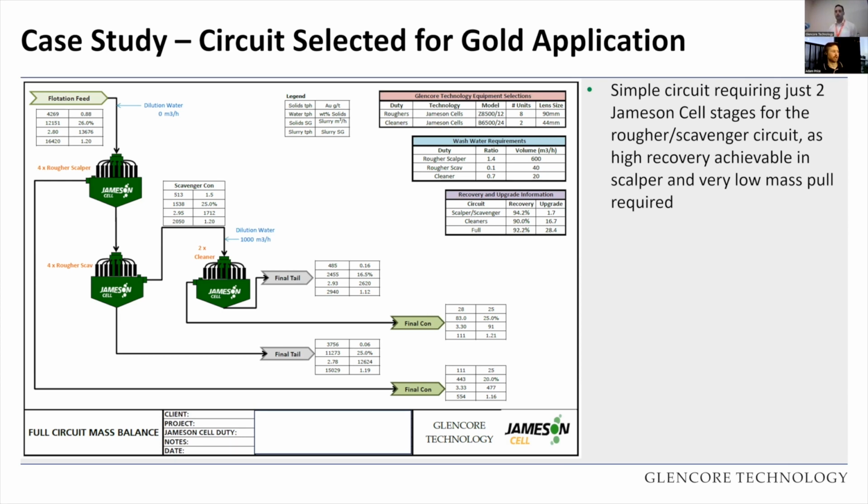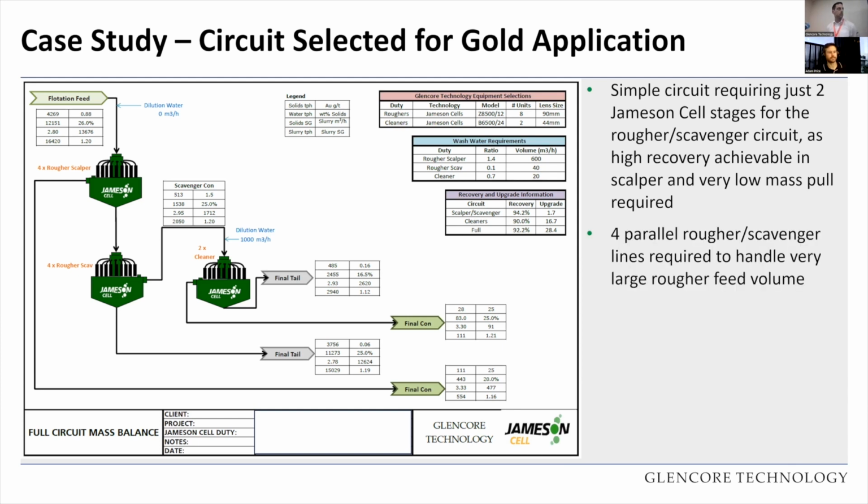So because of the low mass remaining, we only needed a single scavenger unit to recover that remaining material. And it was also being gold, a very low mass pull scenario. So carrying capacity was not an issue at all with the 2 cells. It was a very high throughput scenario though.